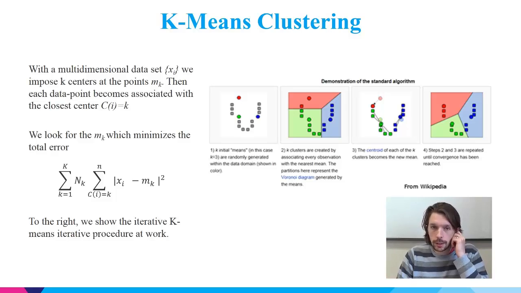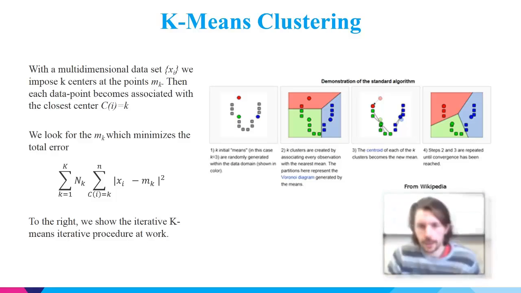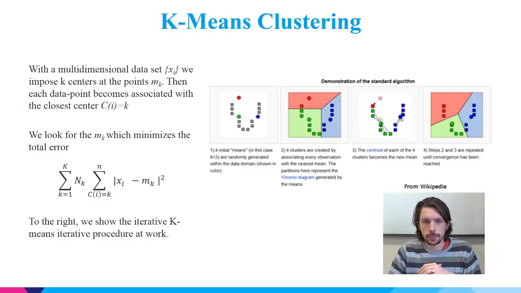Perhaps you might like to think of gene expression. Each x might be a gene expression profile, and each gene expression profile consists of the expression of many genes. And we can think about the distance between two gene expression profiles simply as the Euclidean distance in the high-dimensional space.